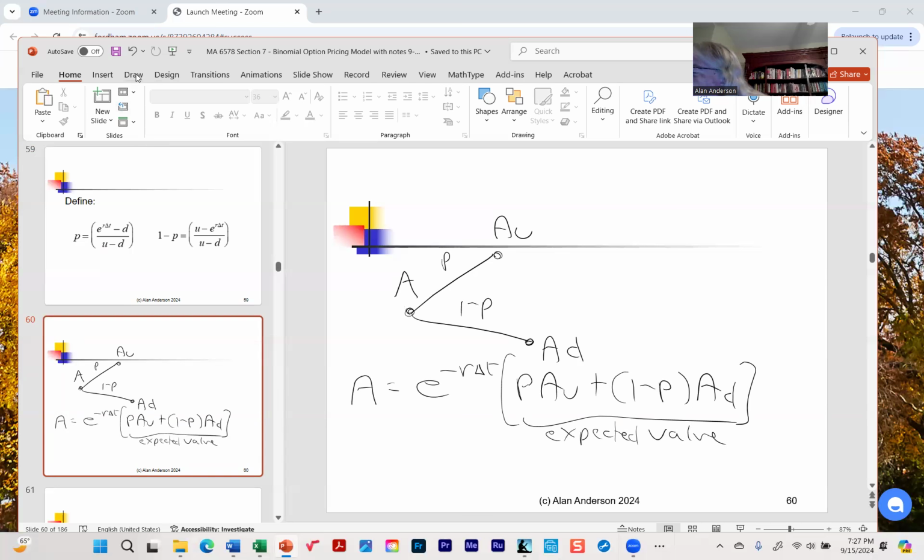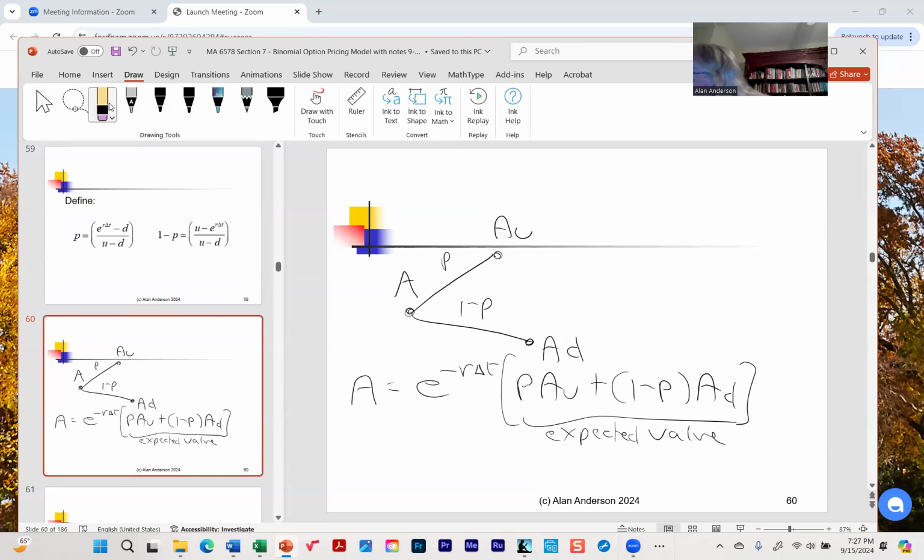Actually, I should call it the expected future value. You remember from stats, let's make up an example real fast.